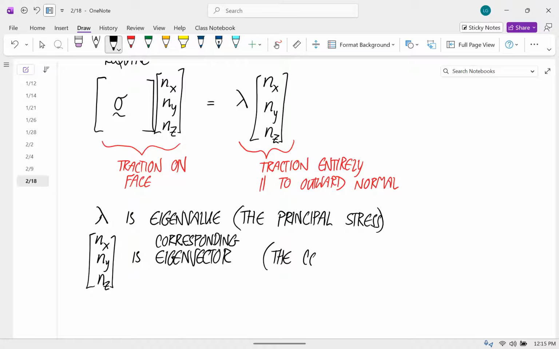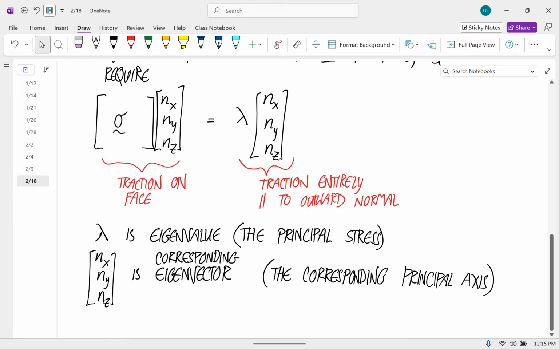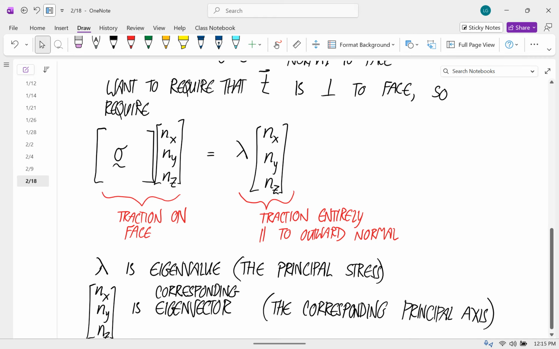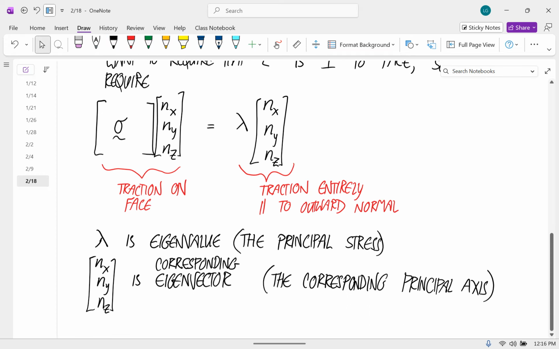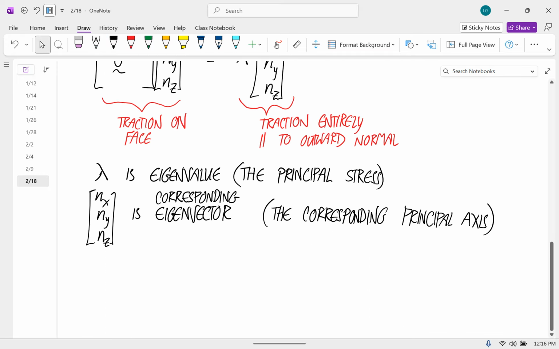And so this is the corresponding principal axis. Okay, and so it just comes down to a mathematical question of enforcing this equation. So now the mathematical question is just how are we going to enforce this equation?